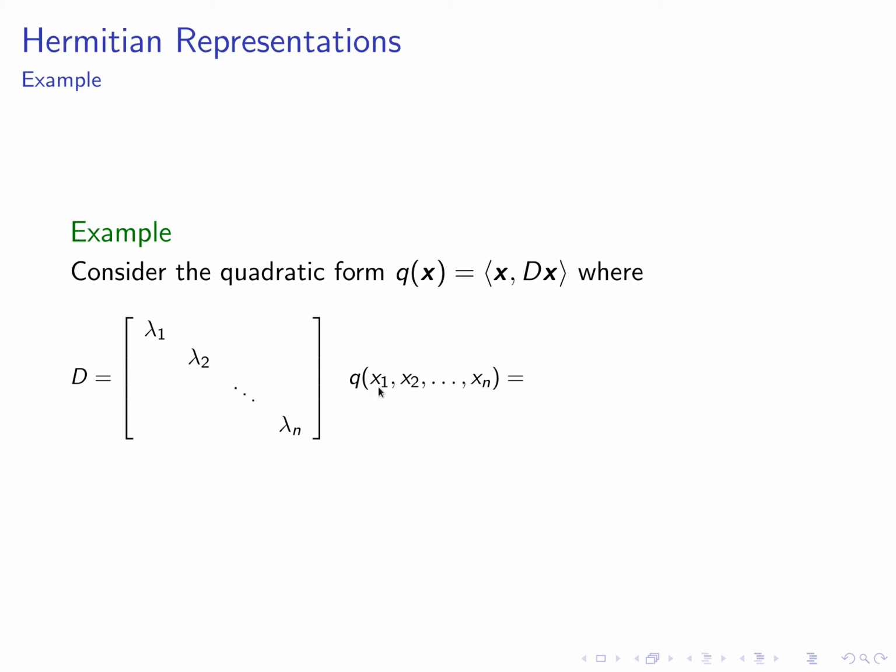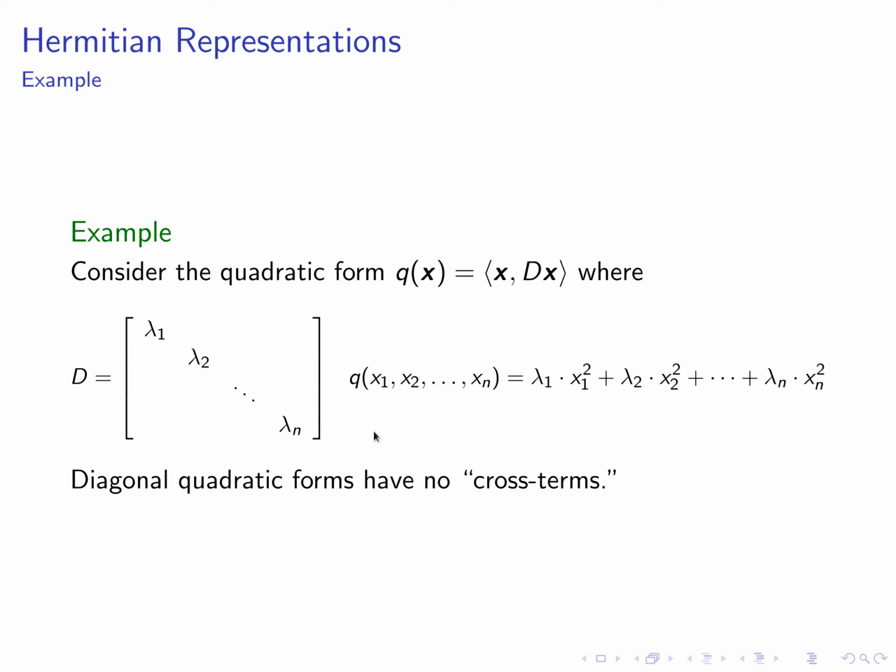So here, the formula for our quadratic form should be q of x1, x2 up to xn equals our first diagonal entry, lambda 1, multiplied by our first variable squared. Then the next term will be our second diagonal entry, lambda 2, multiplied by our second variable squared. And we keep going until we get to our last diagonal entry of our matrix, multiplied by our last variable squared.